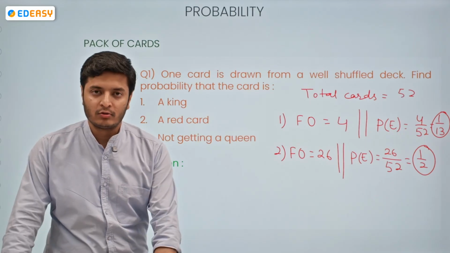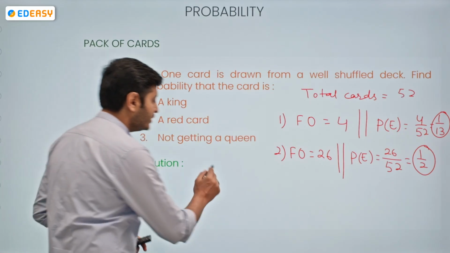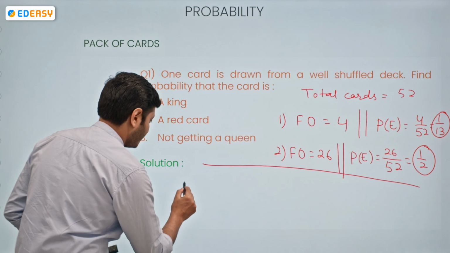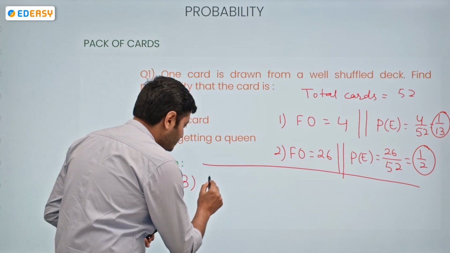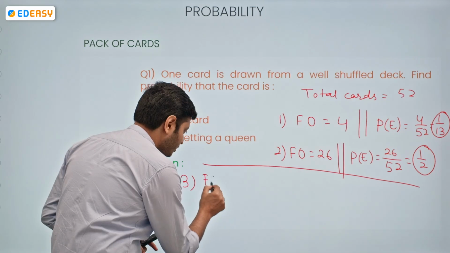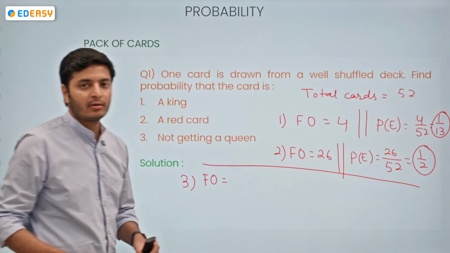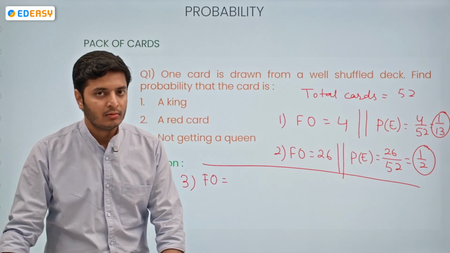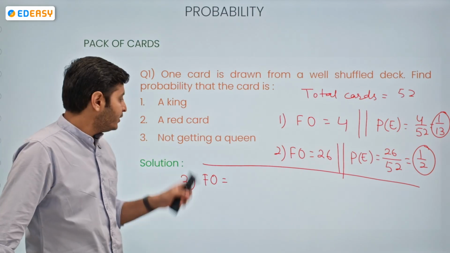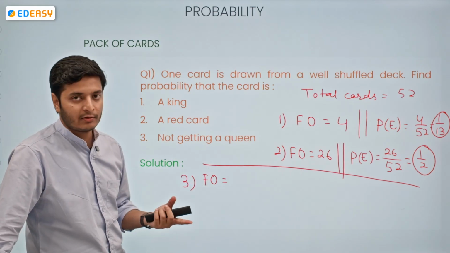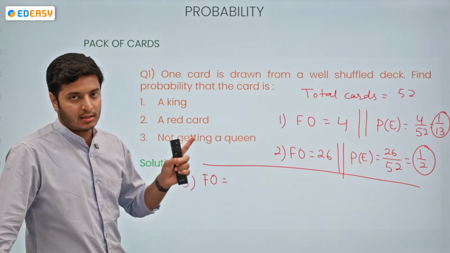For the third part, there are two ways to find this. Queens are 4. So the favorable outcomes would be what? Is it 4? No, because we need to calculate the probability of not getting a queen. So we can get other cards.